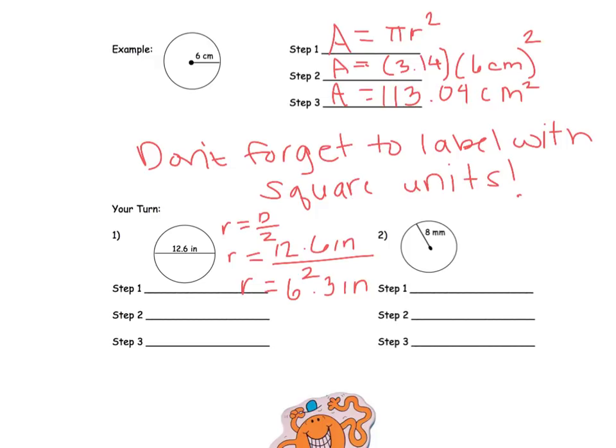Step 1. Your formula for area is area equals pi r squared. Step 2. Area equals 3.14 times 6.3 inches squared. Step 3, area equals 124 and 63/100 inches squared.